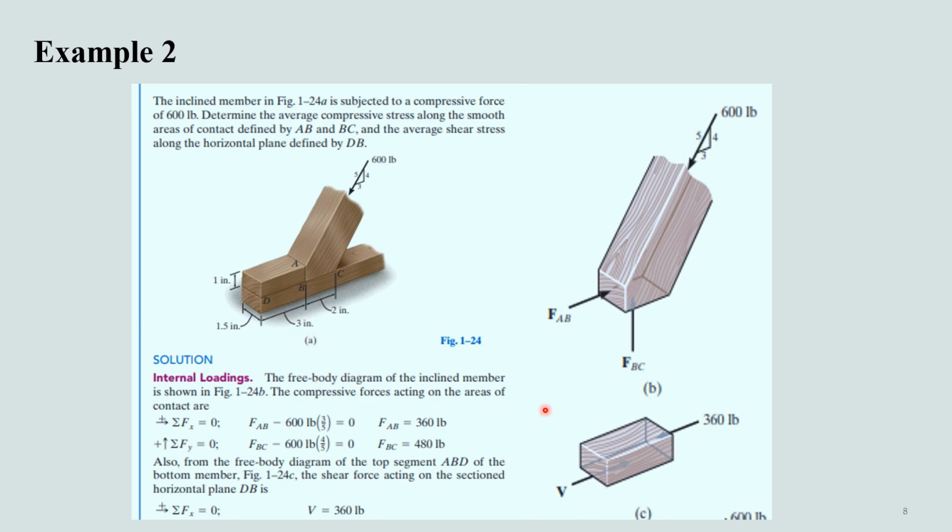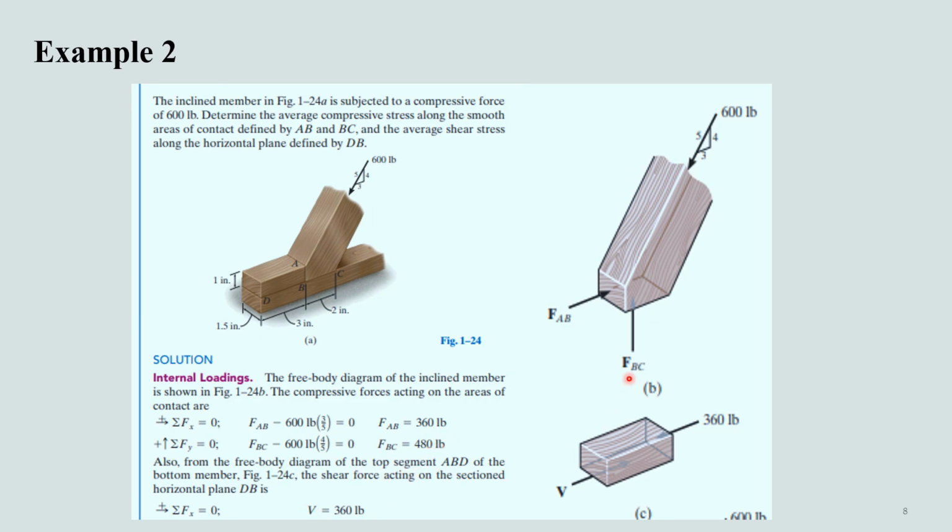Let's go back to the first step, that is the actual determination of the values of these forces FAB and FBC. The FAB horizontal force is equal to the horizontal component of this inclined force, and we have determined it here as 360 pounds.